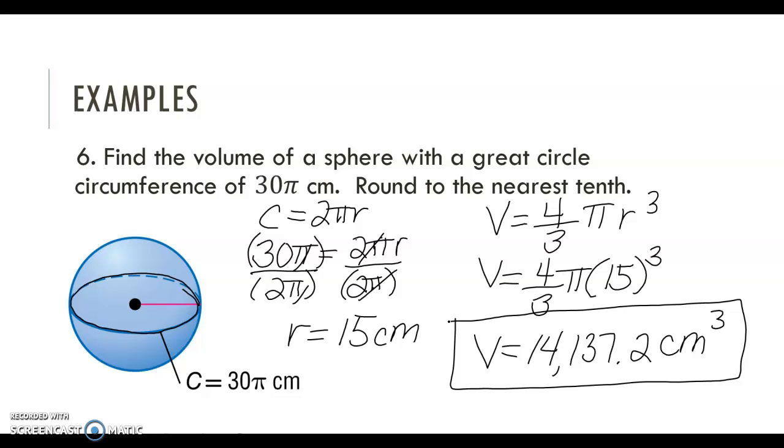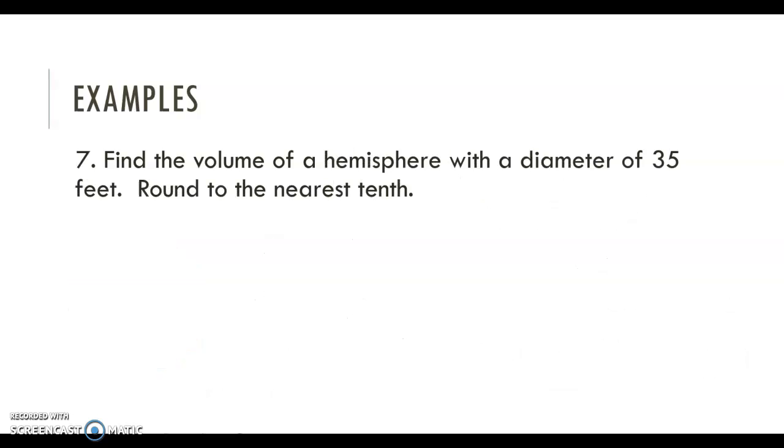Okay, and for this last one, we are looking at a hemisphere. So a hemisphere is the same thing as half of a sphere. So when we're looking at the volume, we can figure out the volume of a full sphere and then divide it by 2. So I'm going to actually show you guys 2 different ways to figure out this volume.